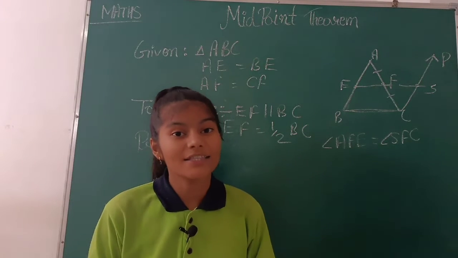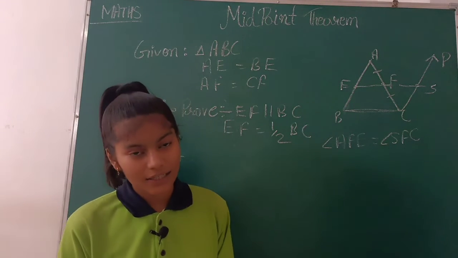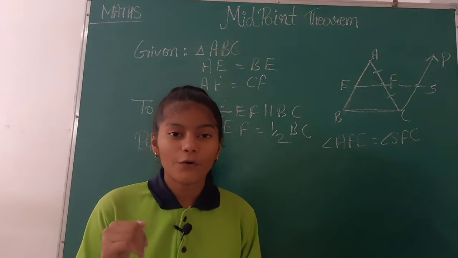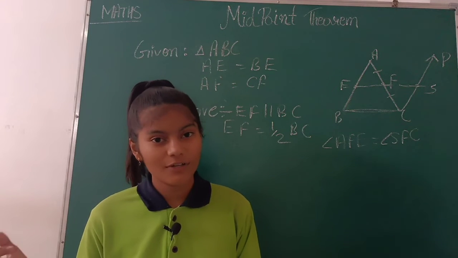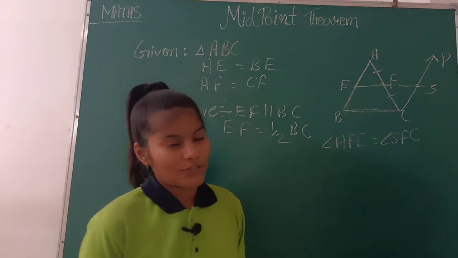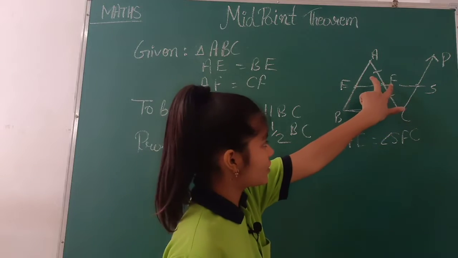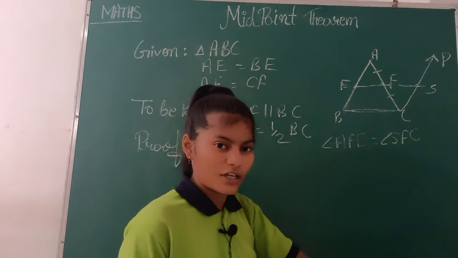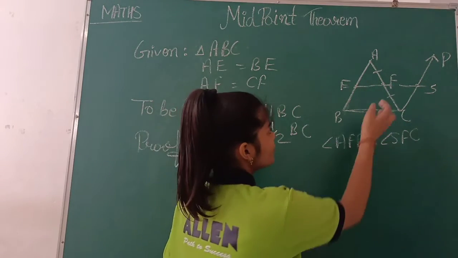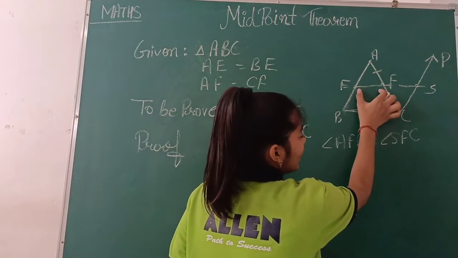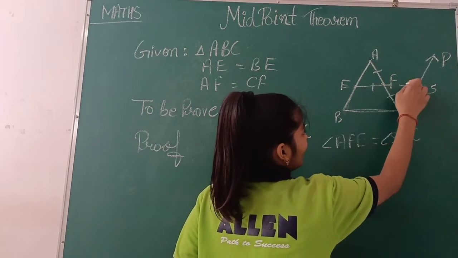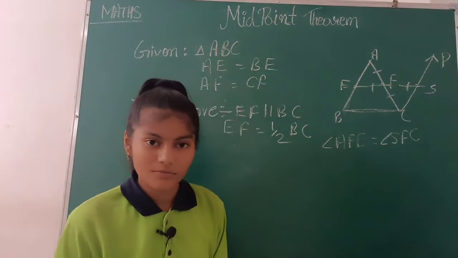Whenever two straight lines intersect each other, they follow some properties, and one of them is that vertically opposite angles are equal. So these two are vertically opposite angles, so they are equal. Then we have EF equals FS by construction, right?